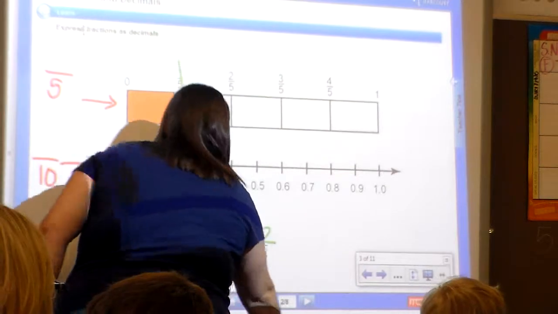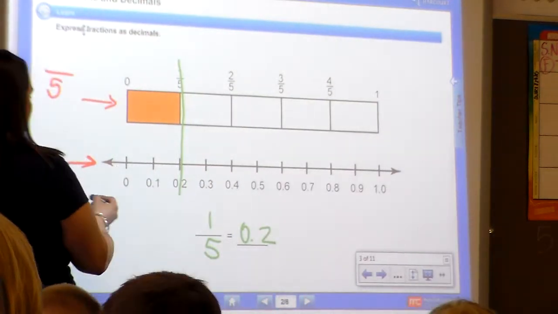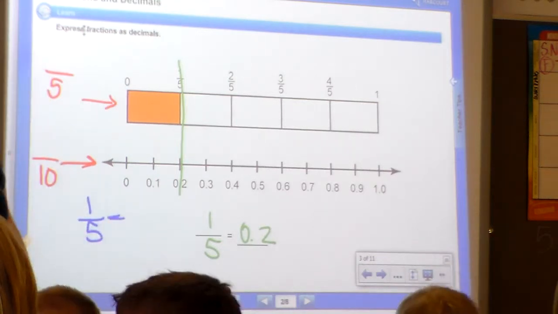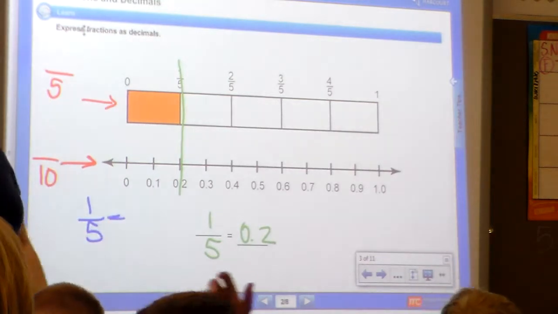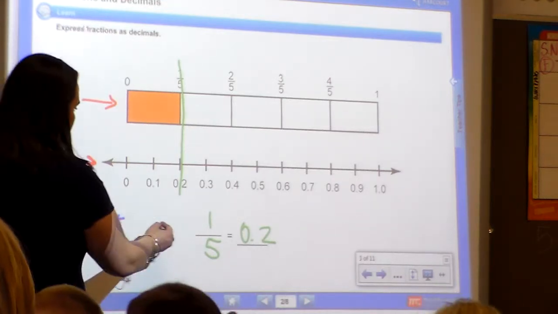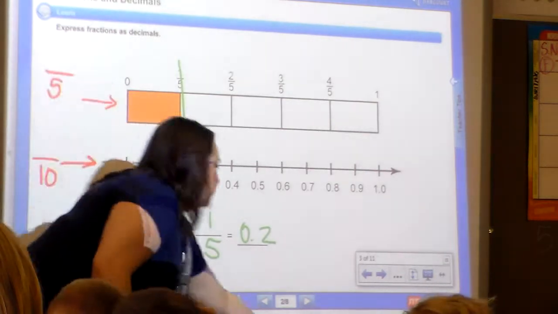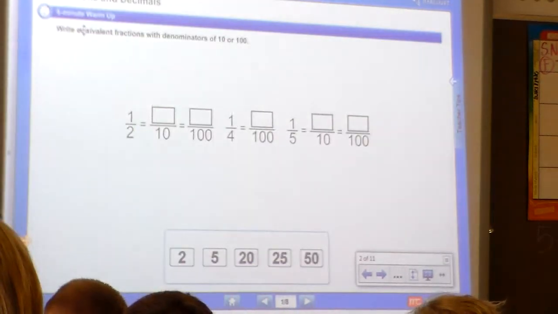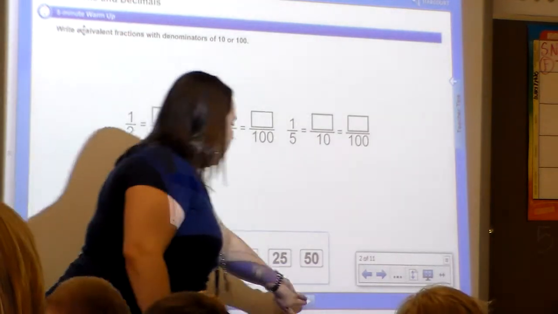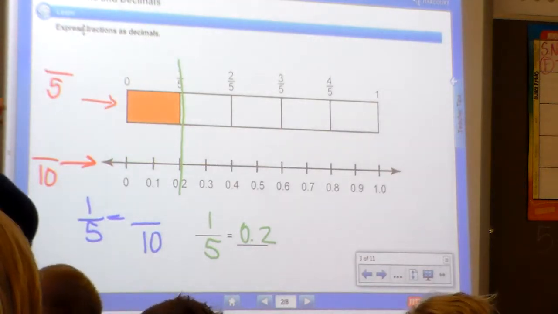So Duncan and his group took the number 1/5 and they said, can I get tenths out of that fifth? How? Well, look at that. What does this look like? Something that you already know how to do. You know how to find an equivalent fraction. So I end up with what?